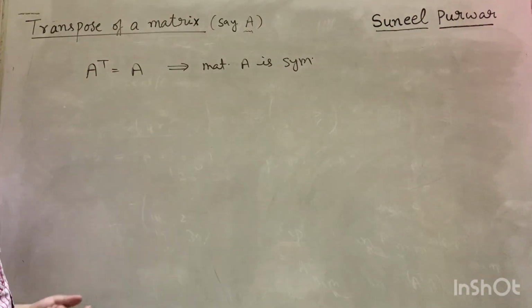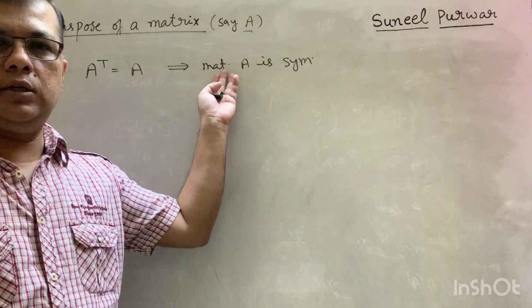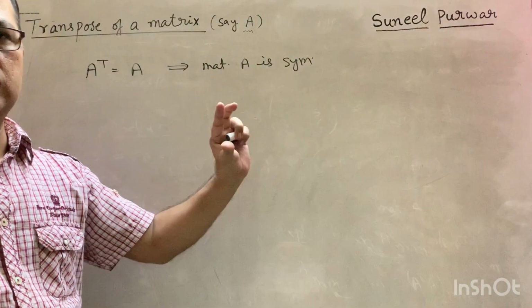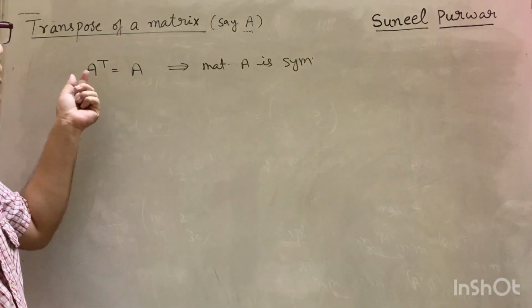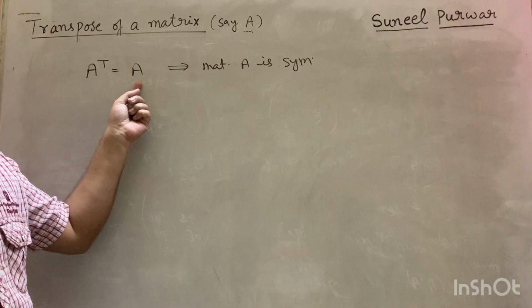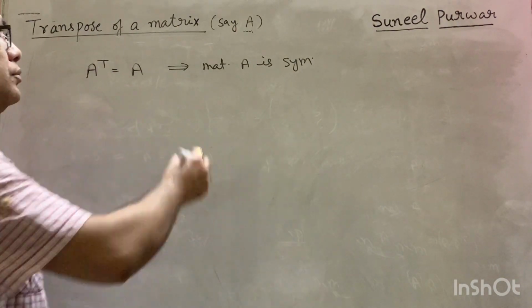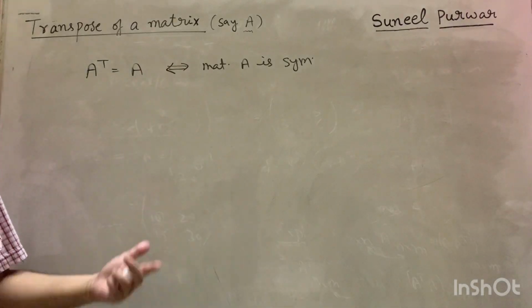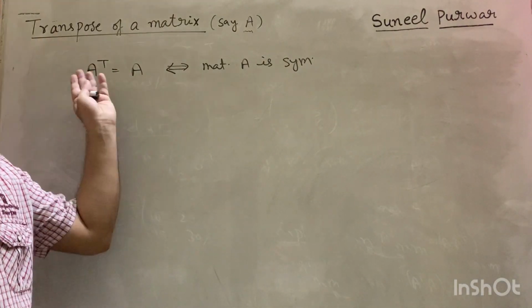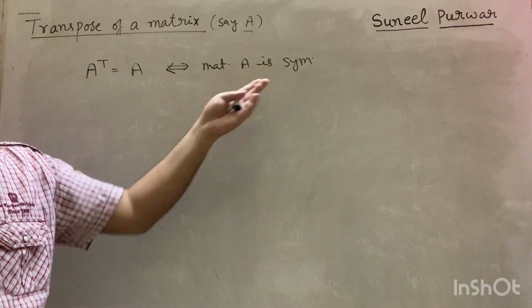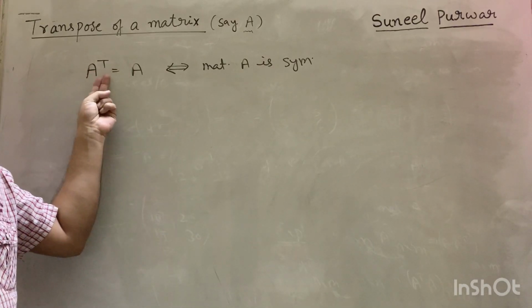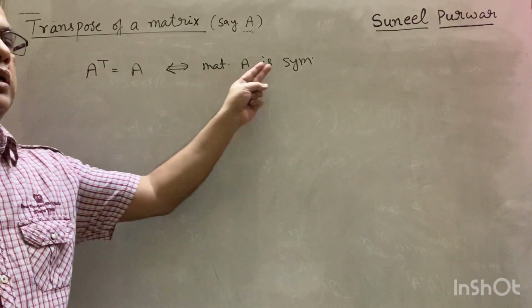Or vice versa, if you make this statement matrix A is symmetric, you can be sure that transpose of that matrix will be equal to the matrix. Or you can say this is the definition of a symmetric matrix. When A transpose equal to A, then we say matrix A is symmetric.